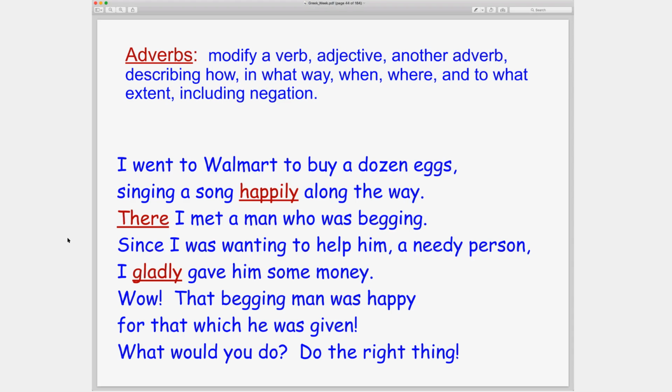The adverb there is where I met him. And gladly describes my giving.